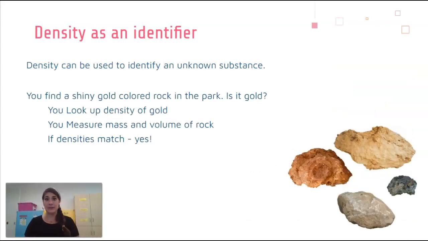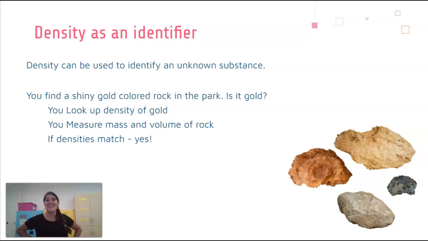The last thing I want to talk about is how we can use density as an identifier for substances out there. And so, you think about objects, even just things that I found in the chem lab. I'm like, oh man, I wonder what this is. Like, it's obviously some sort of metal. What can I do with it? And so once I'm able to figure out the density, the nice thing is the internet, right?